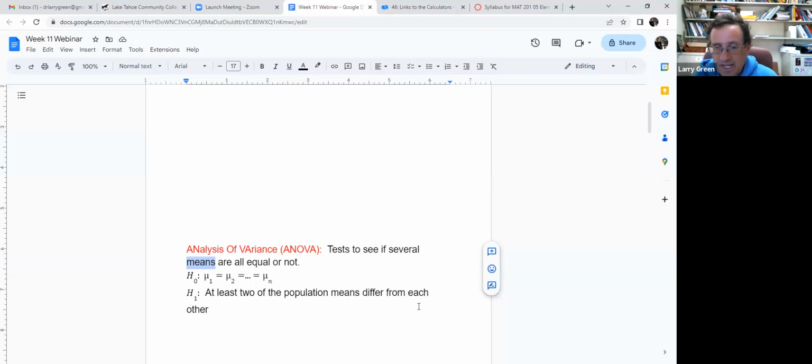And again, you can put it into context. If you're talking about weights, you would say at least 2 of the population mean weights are different in 2 of the states. Or there's at least 2 states where the population mean weight is different. It doesn't say which 2 states they are, but there could be 2 of them.